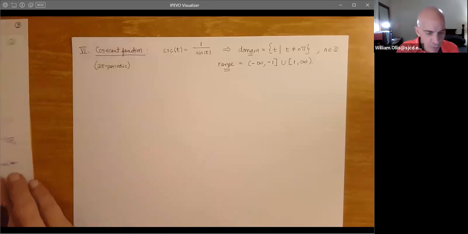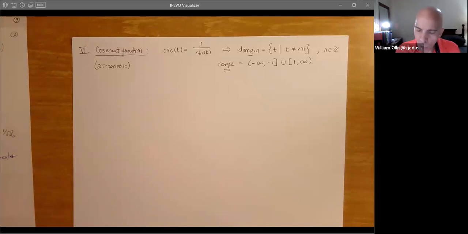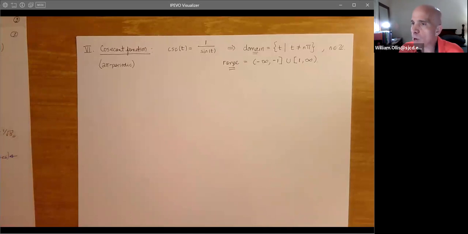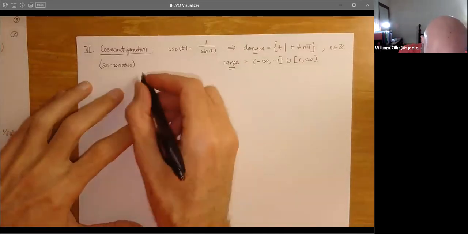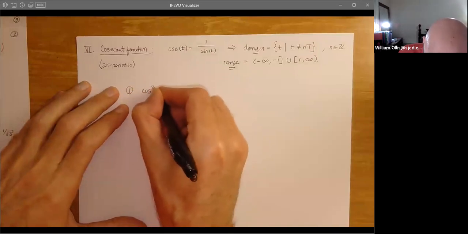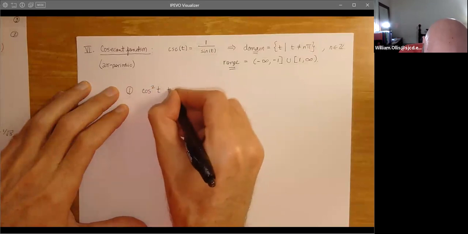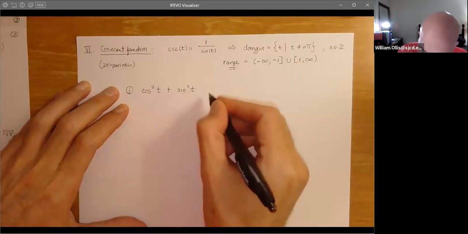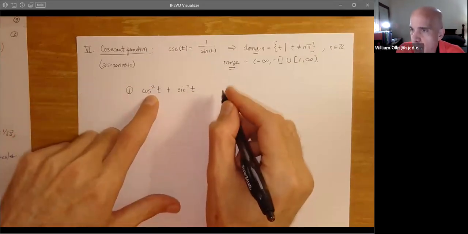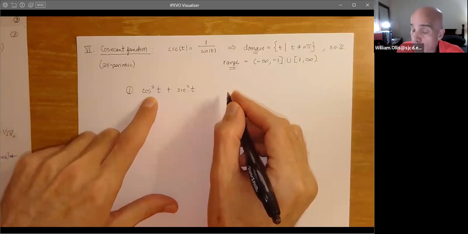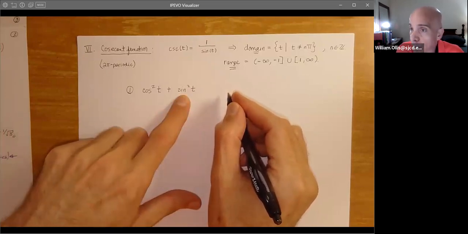But what I want to do, and do a little bit of algebra, is just go back to these identities. And what did I call them? I call them fundamental. So remember, the first one: cosine squared t plus sine squared t. Usually I won't say cosine of t quantity squared. I'll just say cosine squared sine squared.